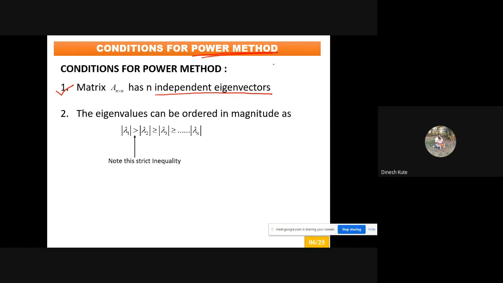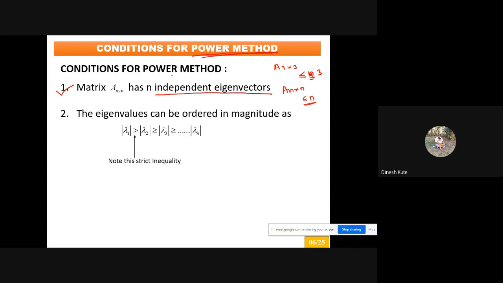For example, if I consider a matrix of order 3 by 3, as we know, in general a matrix of order n by n has less than or equal to n independent eigenvectors.